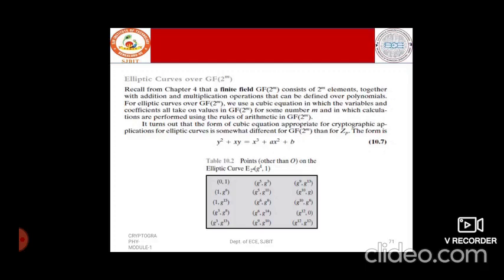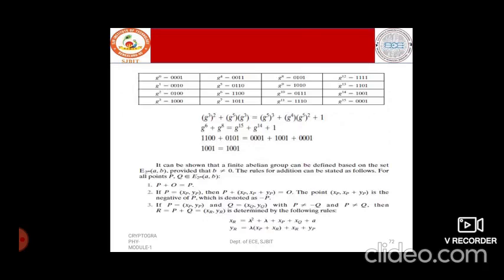So here we can see the points other than O on the elliptic curves, for different values. It is understood that the variables x and y and the coefficients a and b are elements of GF(2 power m), and that calculations are performed in GF(2 power m). Considering an example, let us use the finite field GF(2 power 4) with the irreducible polynomial f(x) is equal to x to the power 4 plus x plus 1.